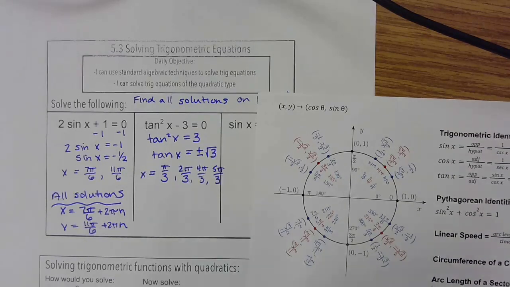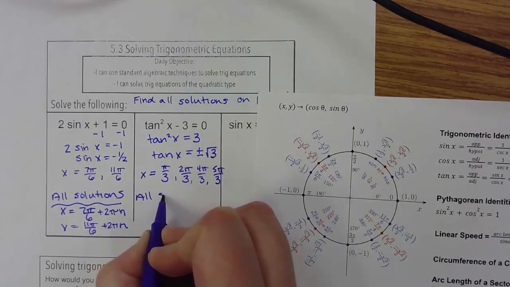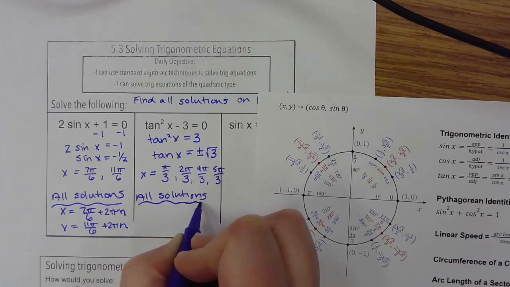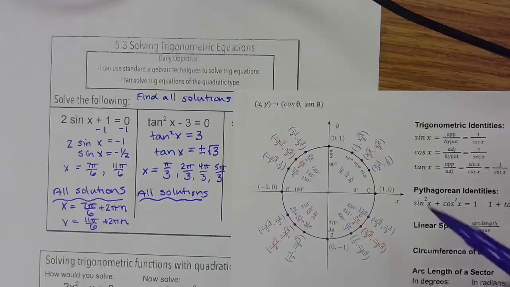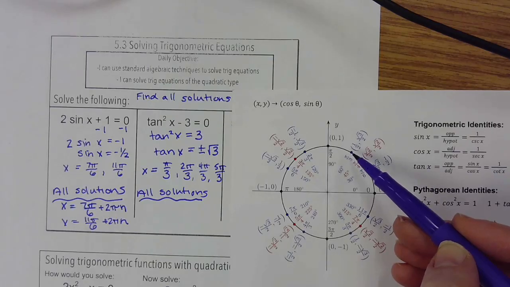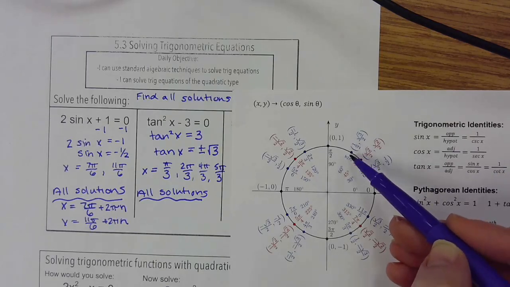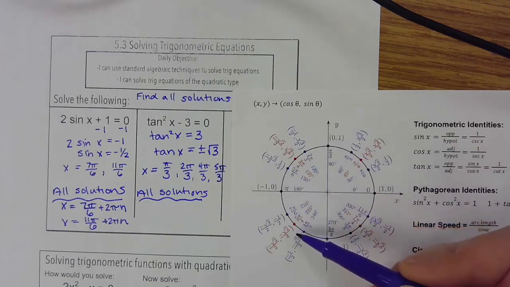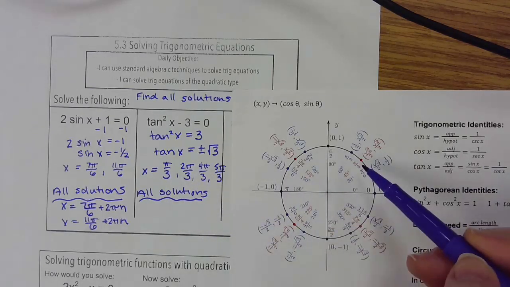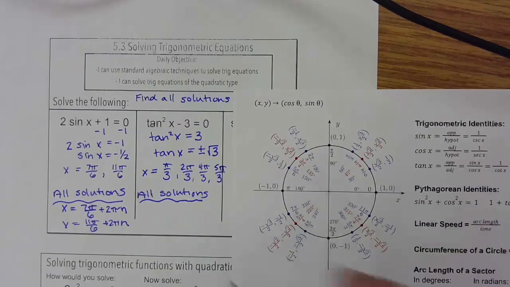Now, if you want to think about all solutions with this one, just another little look at this. If you're at pi over 3, remember the period of tangent is just pi. So pi over 3 and this 4 pi over 3, which are two of the solutions, are just 1 pi apart.